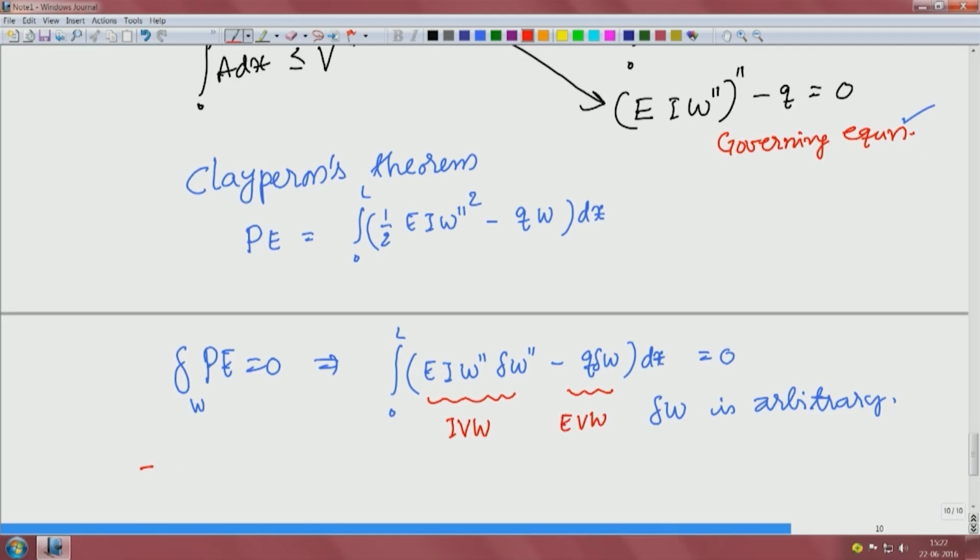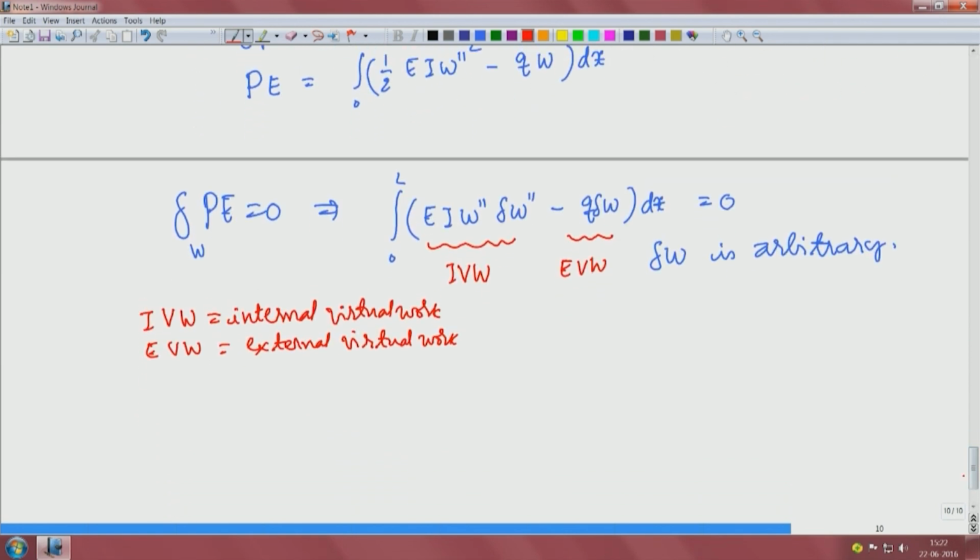Okay. So, again what is IVW? That is internal virtual work, EVW is external virtual work. Both being equal is the principle of virtual work.